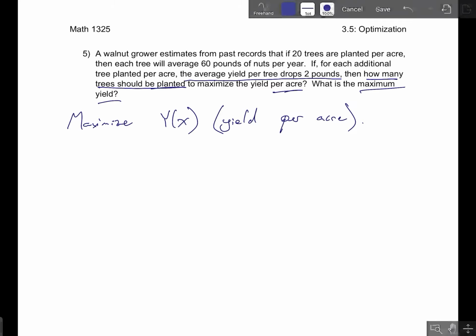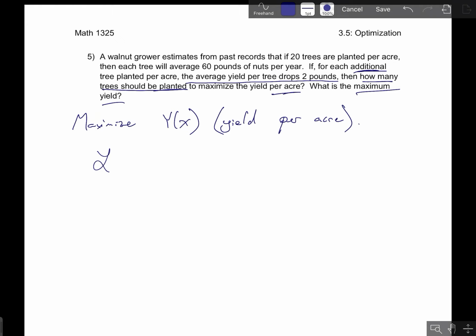Because in the prompt we have that the average yield is dropping by 2 pounds per additional tree, I'm going to let X represent the number of additional trees that we have, because it'll be a little bit clunkier if we let it represent the total number of trees, because that second sentence's equation would get a little bit harder to write down.